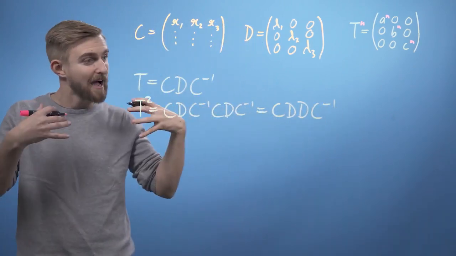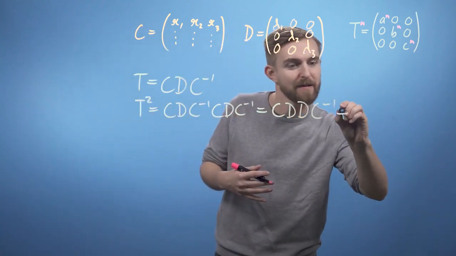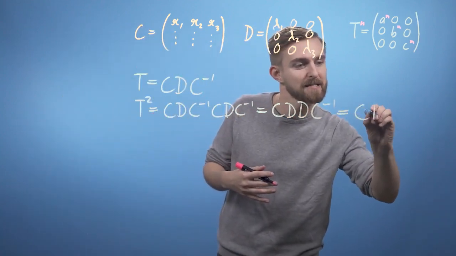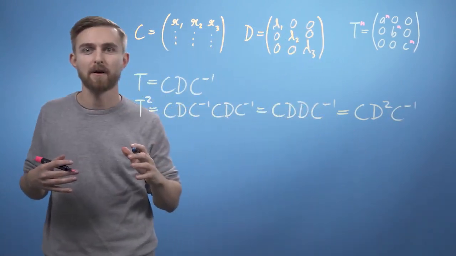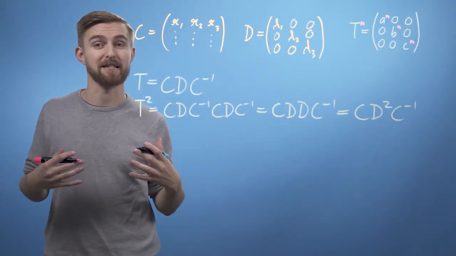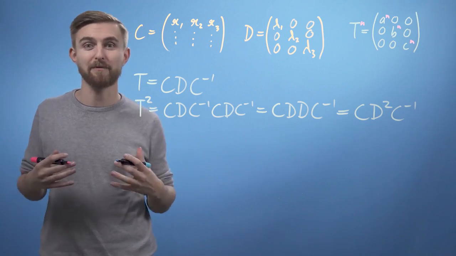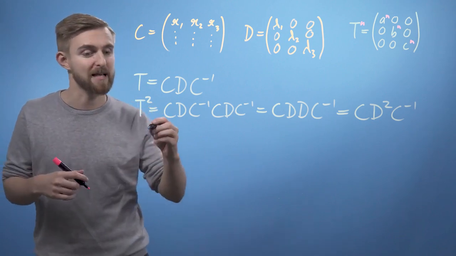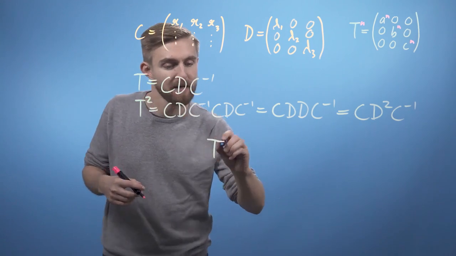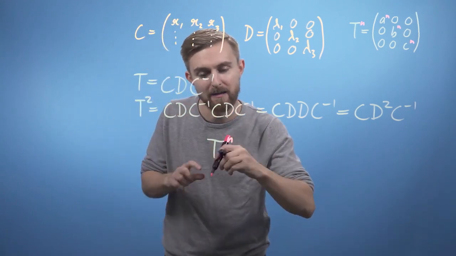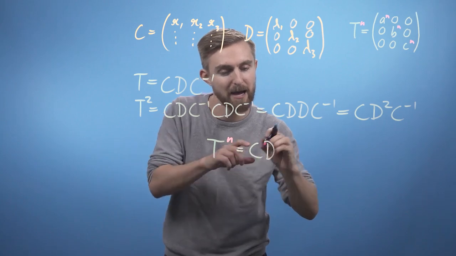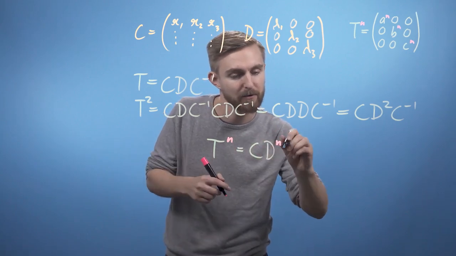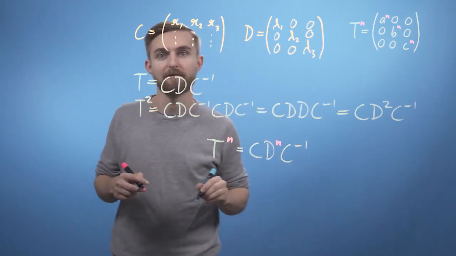And then we can finish this expression by saying, well, this must be C D squared C inverse. We can, of course, then generalize this to any power of T we'd like. So finally, we can say that T to the power of n is going to equal C D to the power of n multiplied by C inverse.